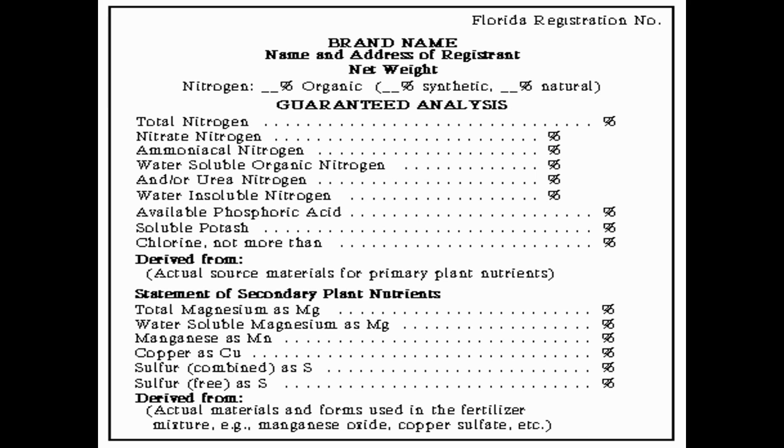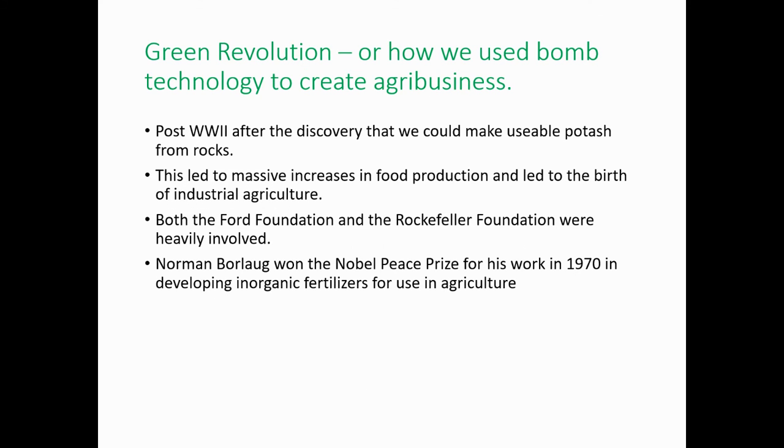Here's a little list showing you what can go into a fertilizer. And the Green Revolution was one of the things that happened and how we kind of ended up where we are right now. I'm just going to mention this now and we'll talk about it later. During World War II, when we were manufacturing ammunition, one of the things we figured out that we had left over was potash.